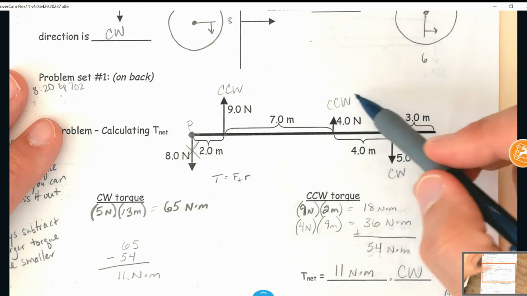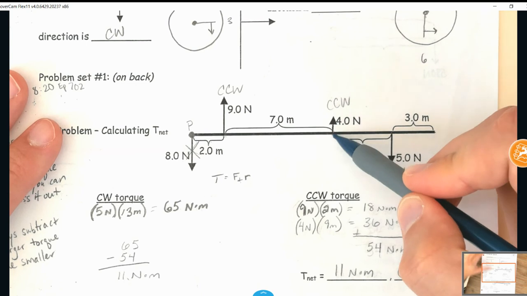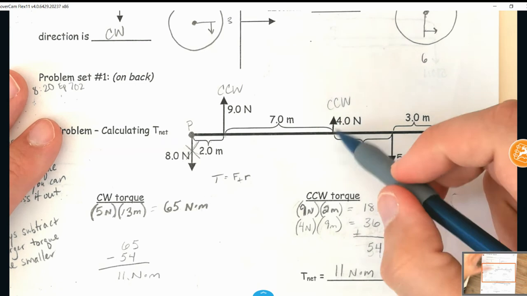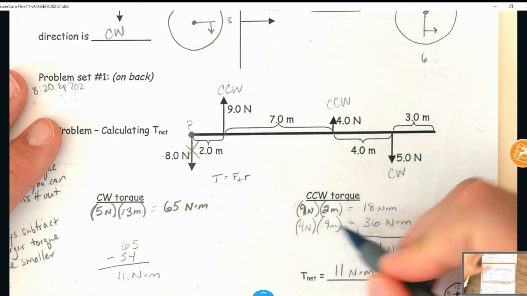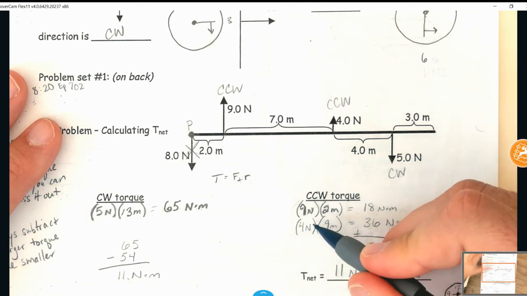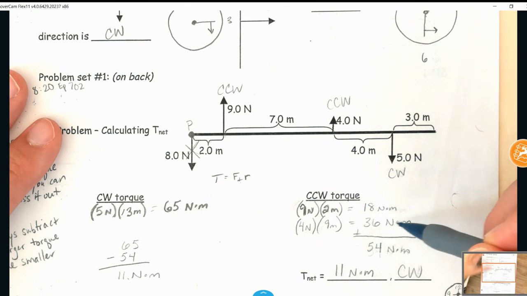Our other counterclockwise force is this 4 Newtons. It is 2 meters and 7 away, so a total of 9 meters away. So 4 times 9 is going to give us 36 Newton meters.